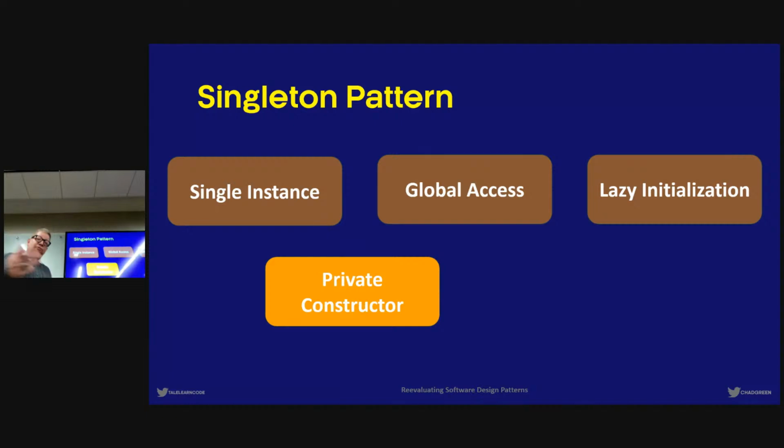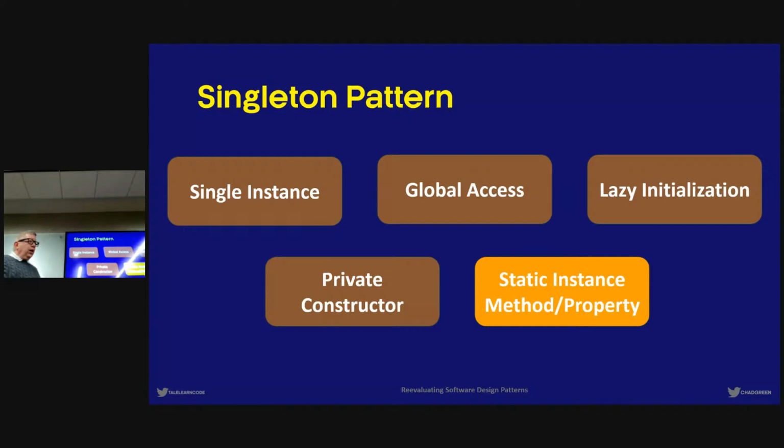Almost always I'll have a private constructor, because you don't want a public constructor. You have to have a controlled way of initializing those objects. And then, depending on your language, you'll have a static instance within your method and properties, because you don't want to be able to change them.